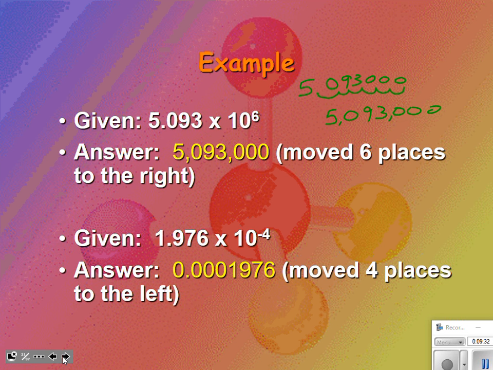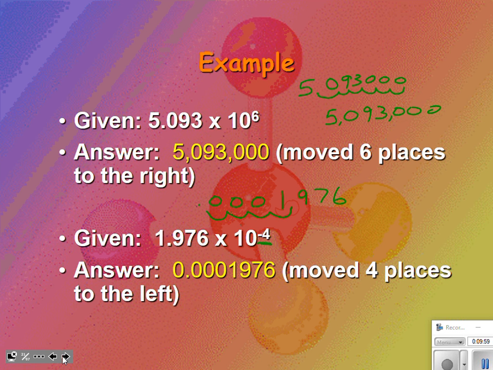Now, as I look at a negative exponent, I have 1.976, and I can see I have a negative 4. So that tells me I'm going to jump it 4 spots to the left, because it's negative. 1, 2, 3, 4, and I'm going to fill in zeros.